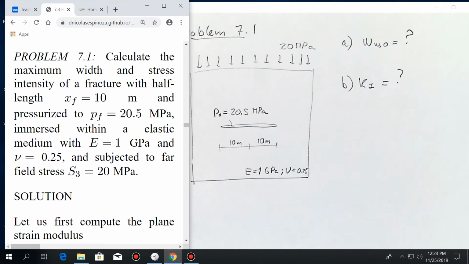There is a trick there. You need to consider the fracture, but also what is outside the fracture. Are there any questions so far?